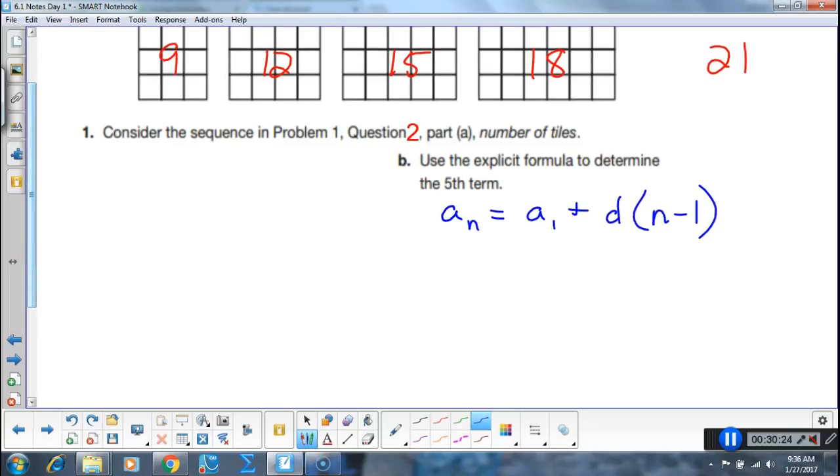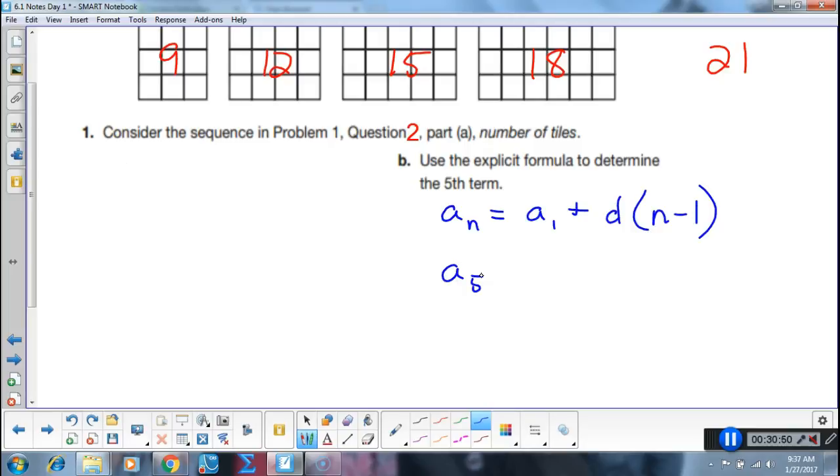So I am going to find A sub 5. Now, this is not A5, because that means 5 times A. This is A sub 5, which tells me that I'm looking for the 5th term. So we have to write that 5 a little bit smaller and a little bit lower.